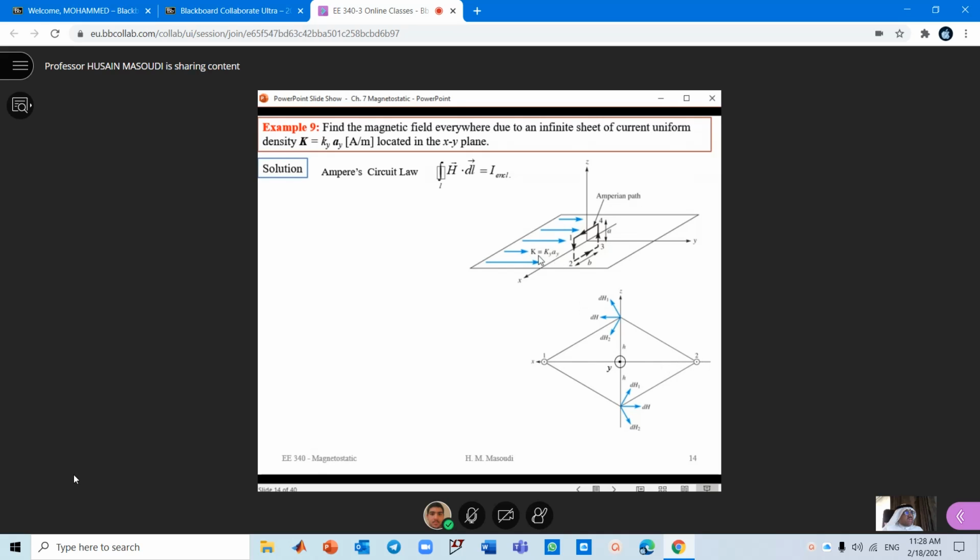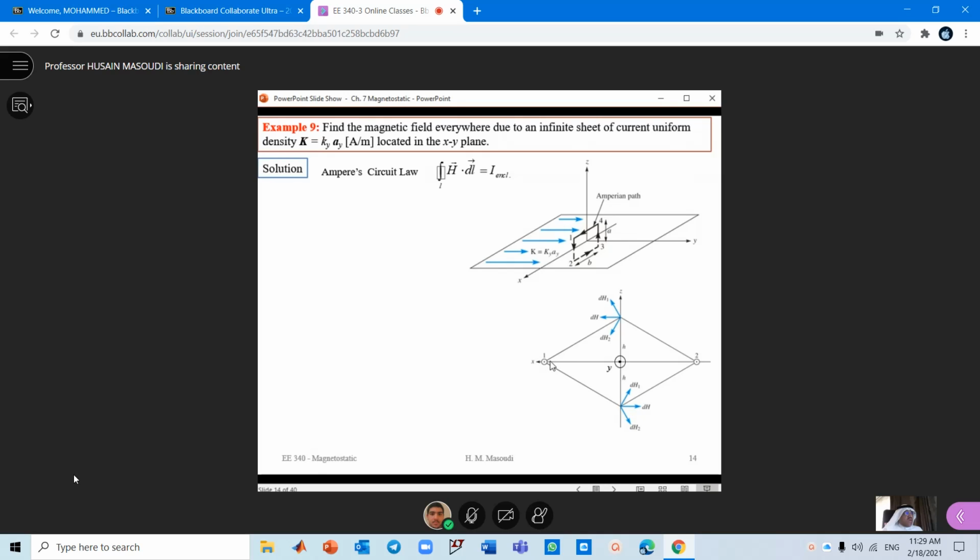Let's assume that the current density consists of infinite lines flowing along the y direction. Imagine I have a conductor here, infinite in size, parallel to the y-axis, carrying a uniform current along the positive y direction.